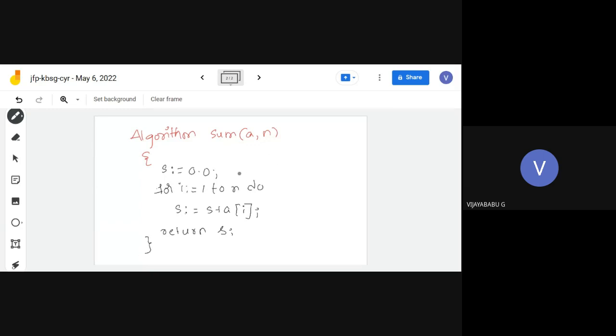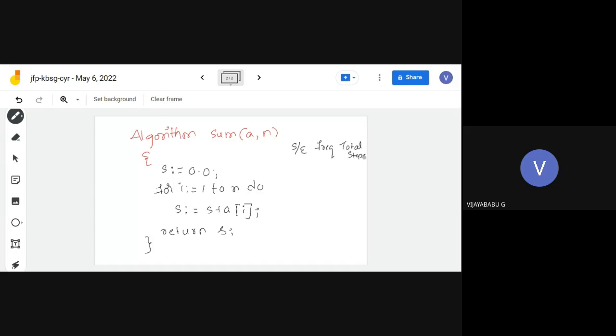It's a non-recursive algorithm. Yesterday we have seen how to find out the space complexity for this one, and today we are going to see the time complexity for this one. So this is the algorithm heading and this is the body part. Here we are going to focus on the number of statements, steps for execution, and frequency, the number of times it is going to be executed, and total steps.